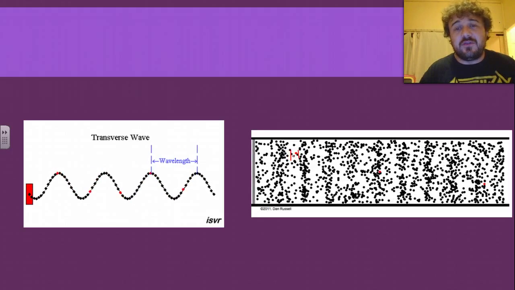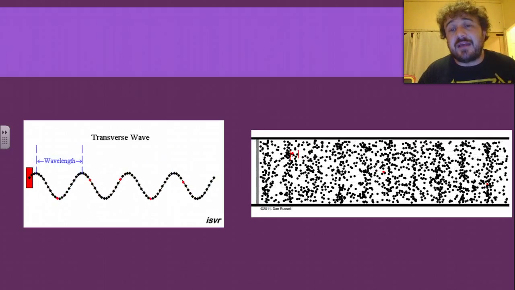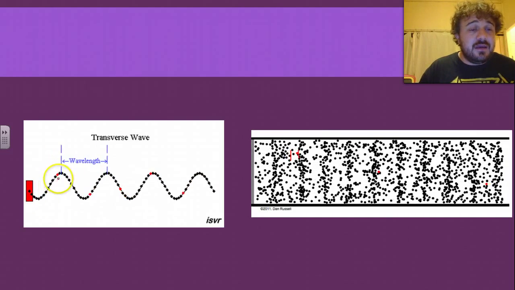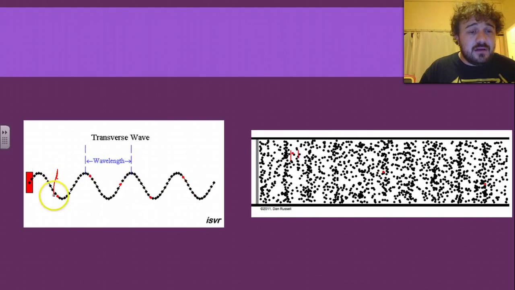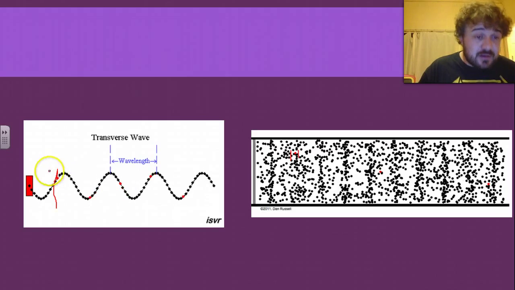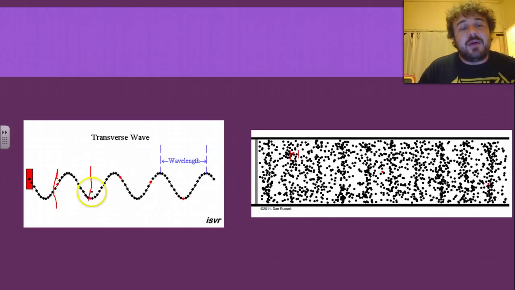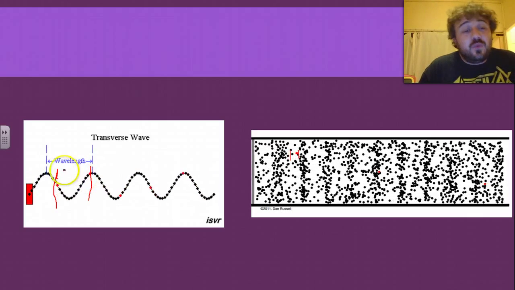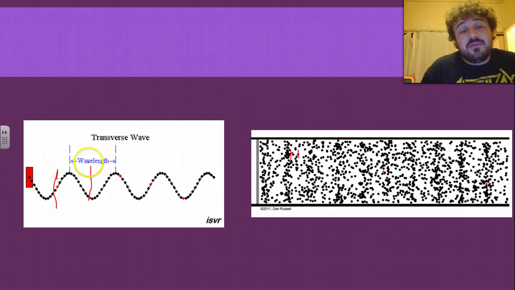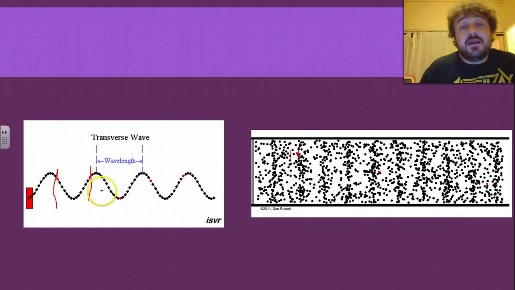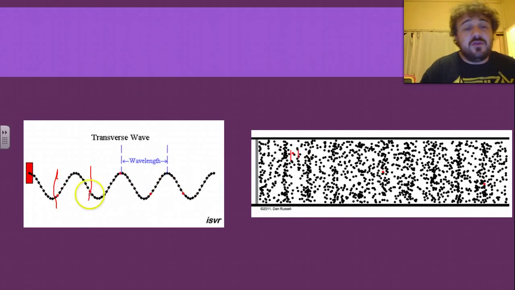It moves backwards and forwards in that very small frame. So the particle has an average position. If we draw a straight line here, we can see that the particle just moves up and down that line. While the energy moves across this way, the particle itself just moves up and down. So that's cool.